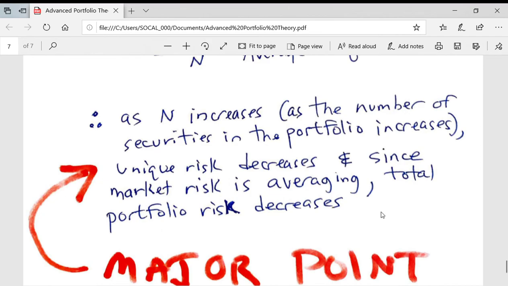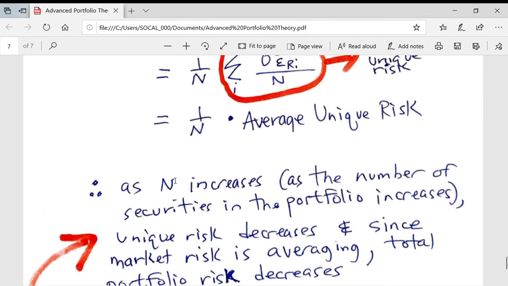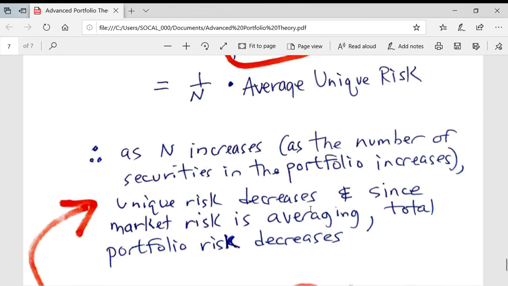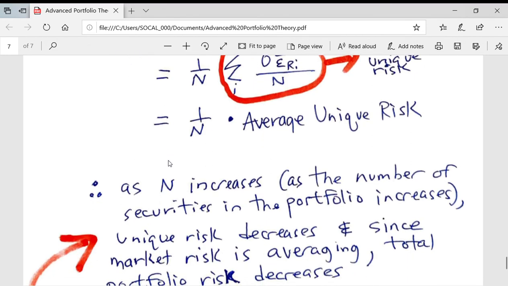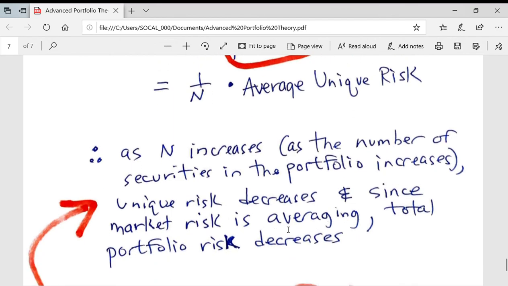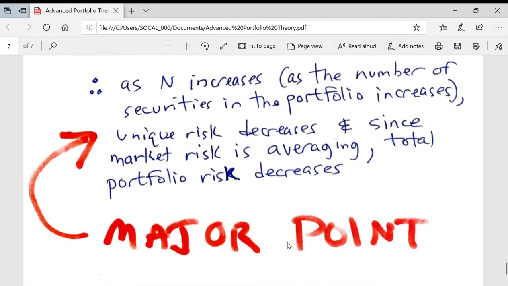And now comes the big point. Therefore, as n increases, that is, as the number of securities in the portfolio increases, unique risk decreases. This term up here, total unique risk, decreases. And since market risk is averaging, total portfolio risk therefore decreases.